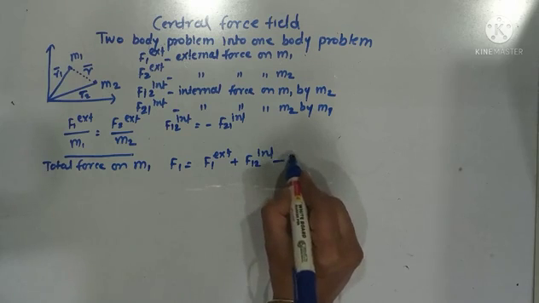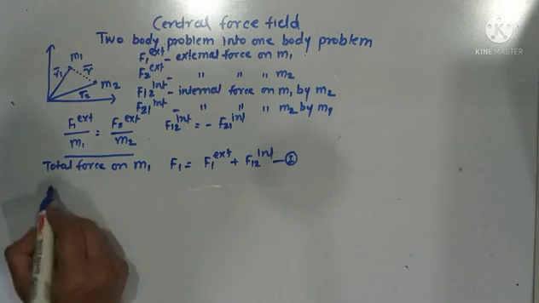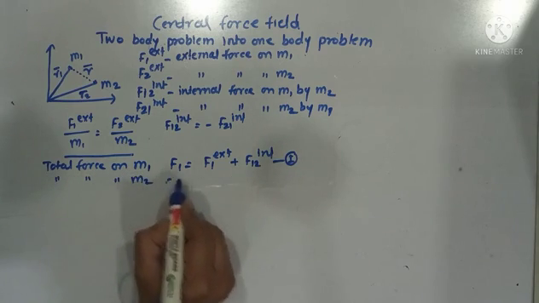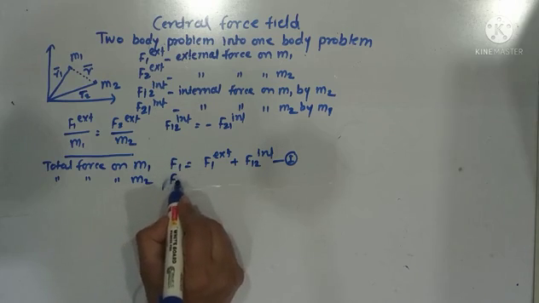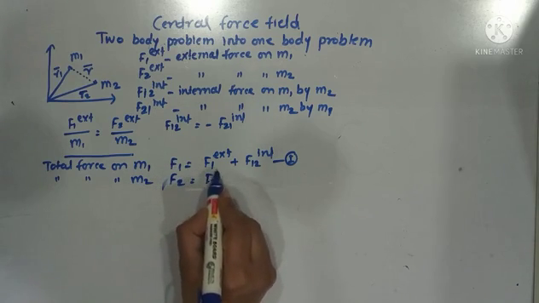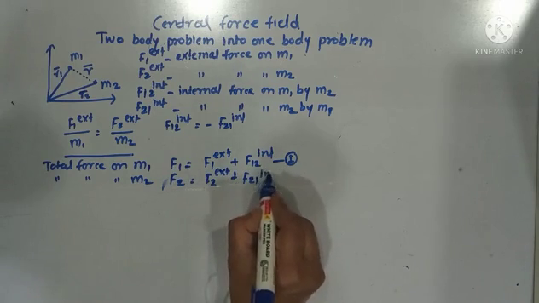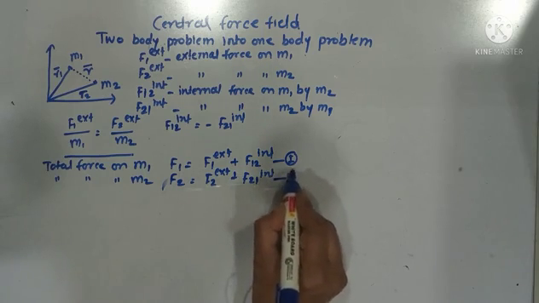Let us call this equation 1. Similarly, the total force on m2 can be written as F2 is equal to F2 external plus F21 internal. Let us call this equation 2.